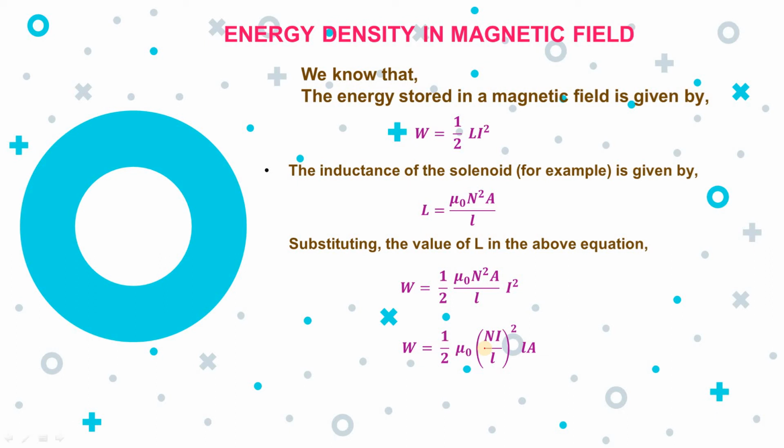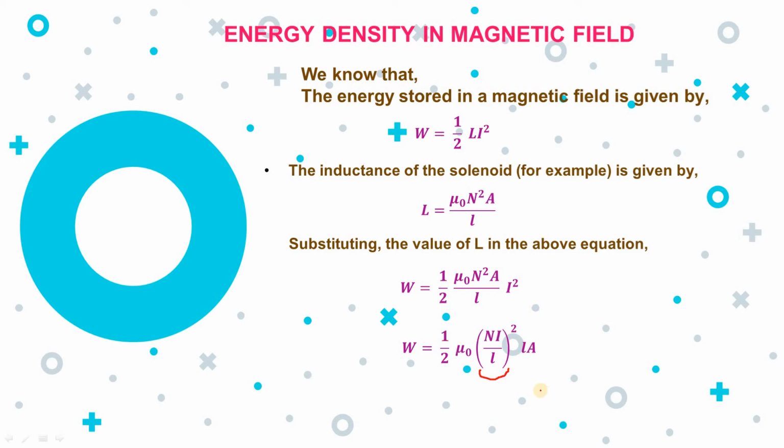Then what will happen is the Ni by L, the whole square term, will come actually. Now, what is that Ni by L? You all know very well that Ni by L is nothing but H, the magnetic field intensity, mmf per unit length.